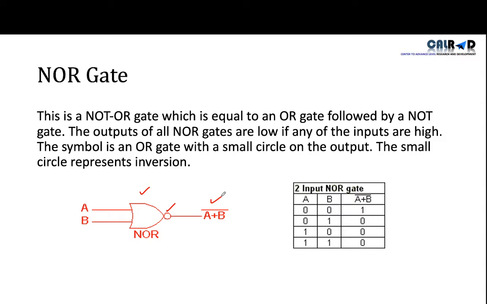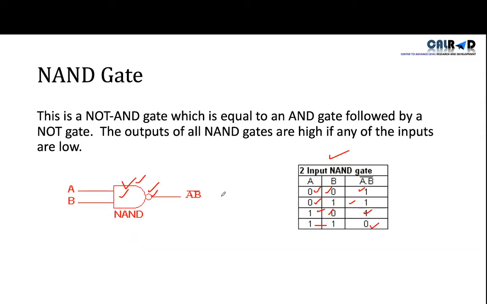And what is the condition for the output of the NOR gate? The output of all NOR gates is low, meaning 0, if any of the inputs are high. In the NAND gate, there should be at least one 0 to get a 1, or positive, or high output.